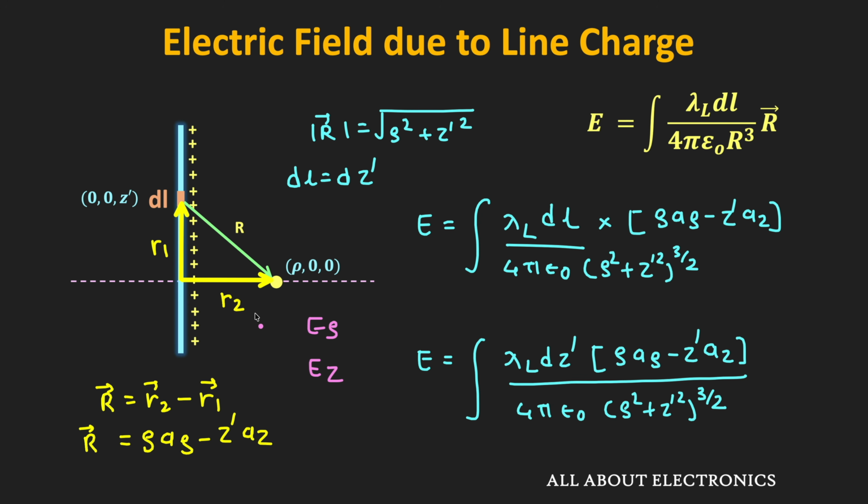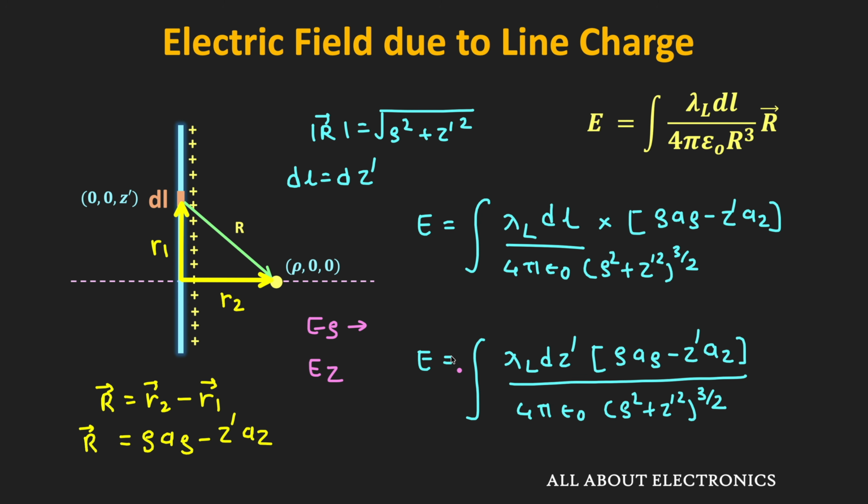But even with a finite length of line charge, if our observation point is at the center of the line charge, then the Ez component will get cancelled out, because due to the symmetry, the Ez components on the top and bottom sides cancel, and we will only have the radial component. But in this case, since our observation point is asymmetric, or towards the bottom side of the line charge, we will also have the Ez component. That means in our case we will have both components of the electric field intensity.